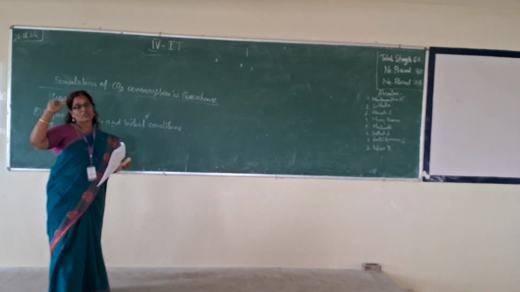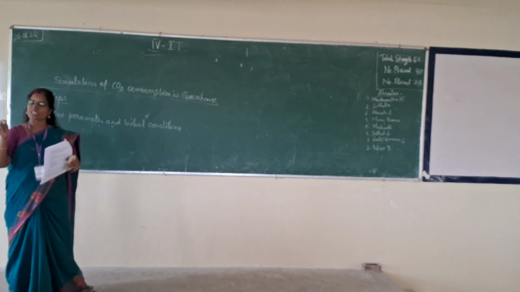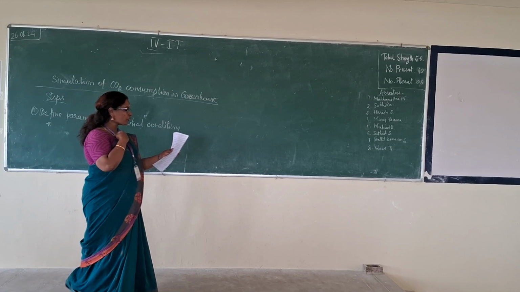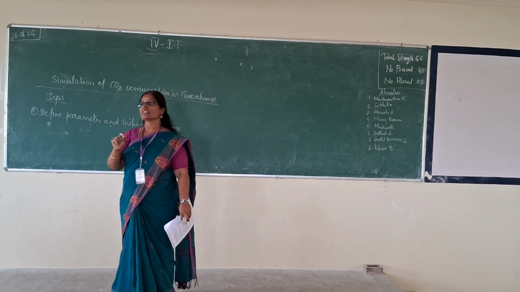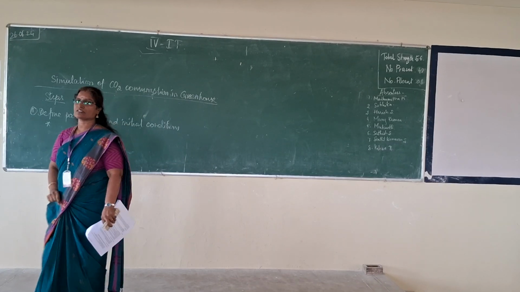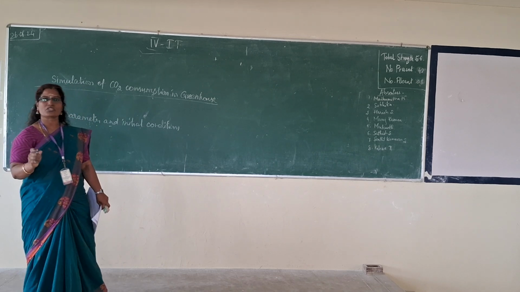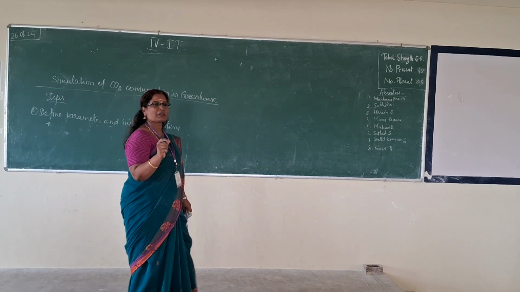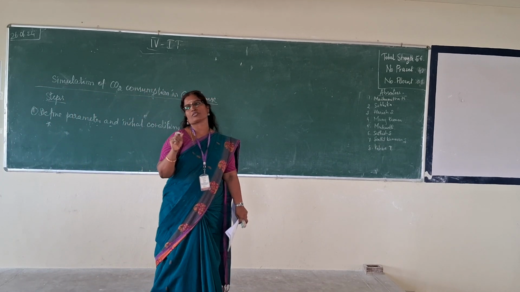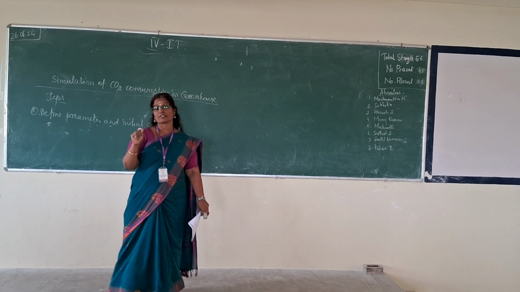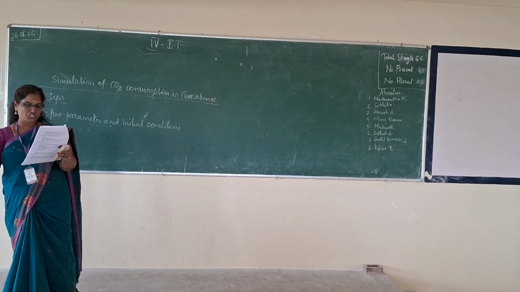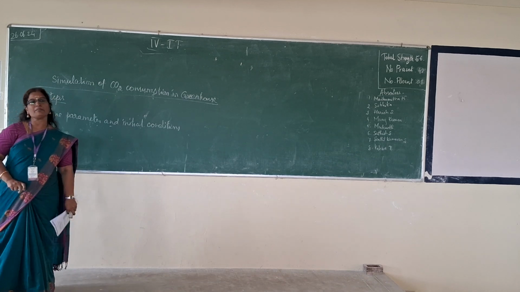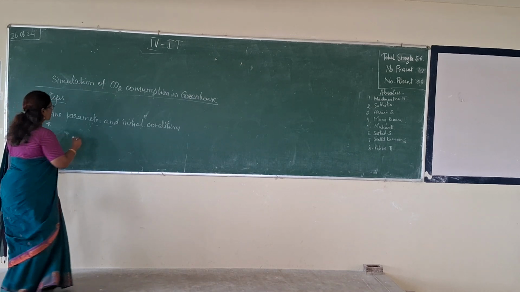We are not worried about outside the greenhouse, only within it. Next thing, photosynthesis rate of plants. What is the percentage of photosynthesis taking place within the greenhouse? Photosynthesis rate of plants.